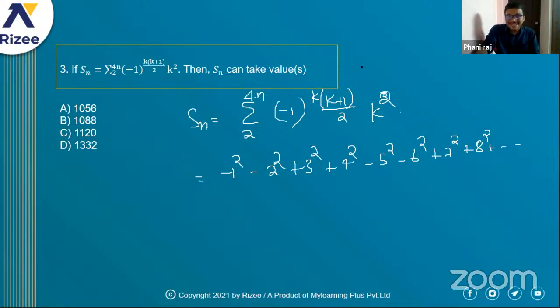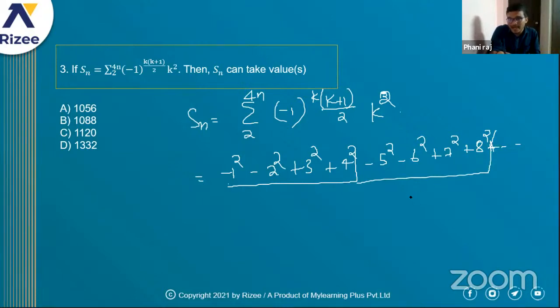You see, there is a reason they have given 4n. They could have given 4n plus 1, 4n plus 2, or maybe 3n. Why did they only give 4n? There comes the logic and intelligence of JEE paper setting. Because once you identify the pattern, minus minus plus plus, minus minus plus plus, for every 4 numbers this pattern is repeating.